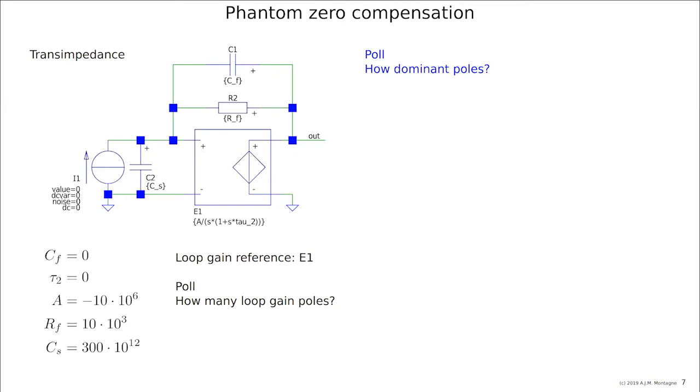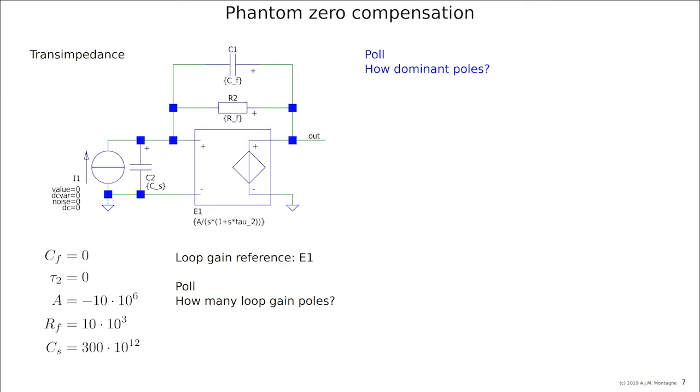The product of contribution to loop gain and pole of this first pole is A. So if there would only be this dominant pole, the product of the loop gain and the dominant pole would be A, and A is 10 megahertz then. So the bandwidth would be 10 megahertz if there is only one dominant pole. If there were a second dominant pole, then the second pole is formed by R2 and CS.